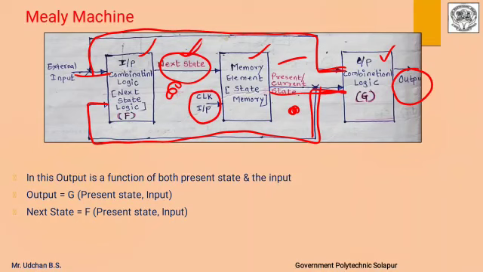Therefore this is named as a present state, and before the application of clock pulse whatever output is available at the output of this memory element, that is present state, which is applied as an input to this combinational logic circuit. So in short, in Mealy machine the final output is dependent on present state as well as the input.